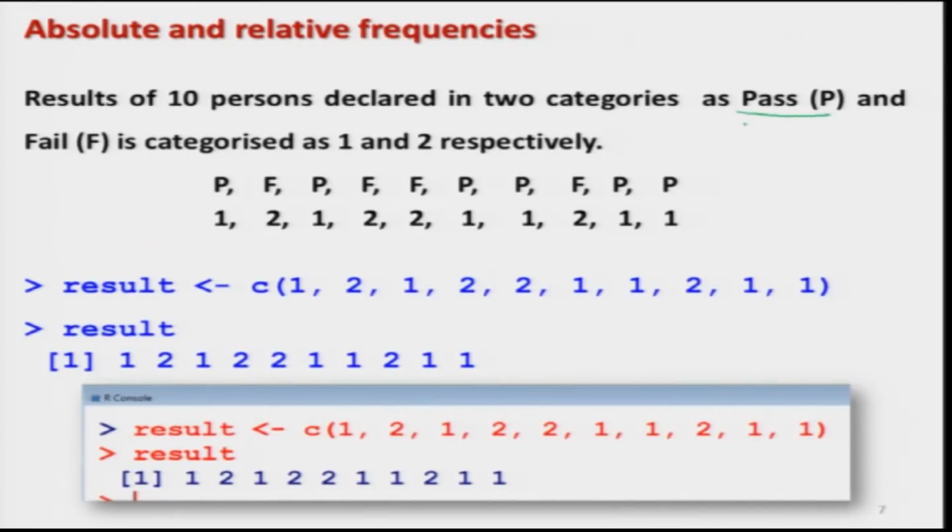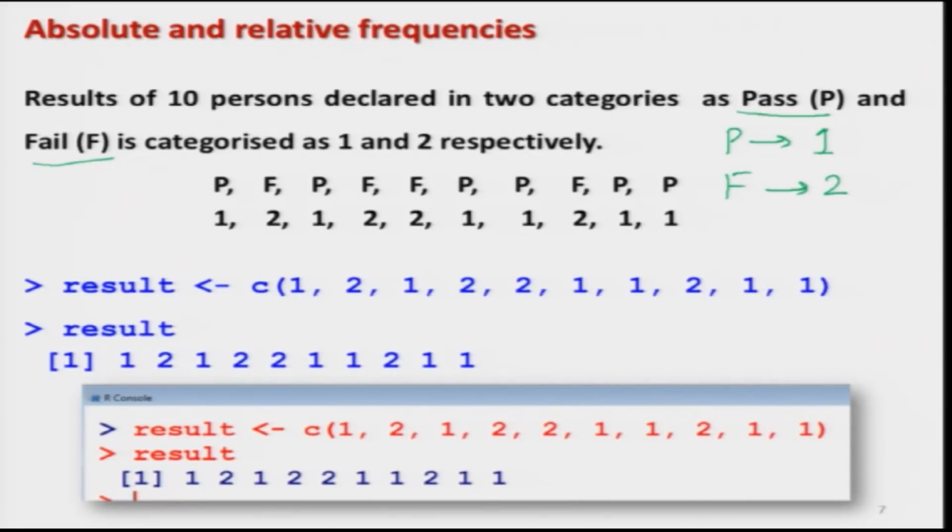Now I will assign them an indicator value, because as we discussed in the earlier lecture, unless you assign a numerical value to data, we cannot operate any statistical tool. So, I have here two values, pass and fail. For pass, I represent it by number 1, and for fail I represent it by number 2.